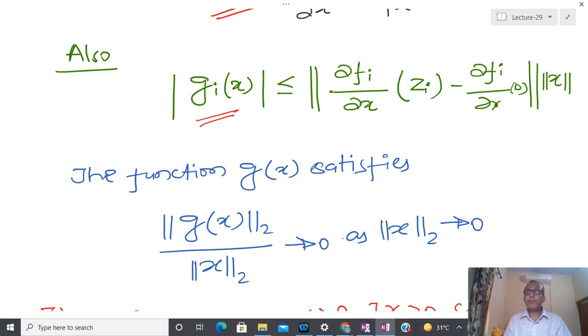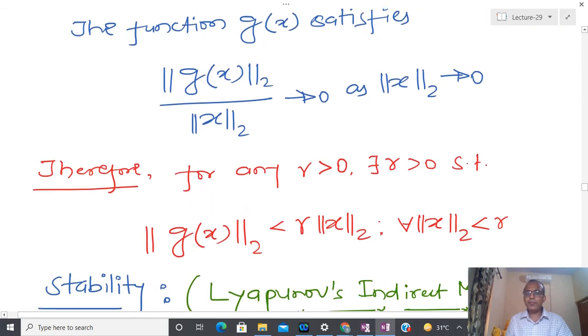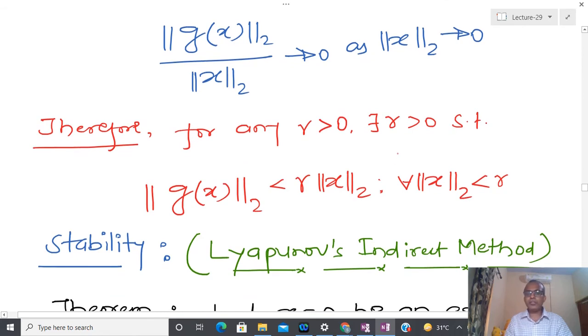Okay, because I am assuming that whatever vector field, that is continuous. So if the vector field is continuous, then by the result of continuity, if something is continuous and 0 at the 0, I can create two balls. We have already seen the definition of continuity.